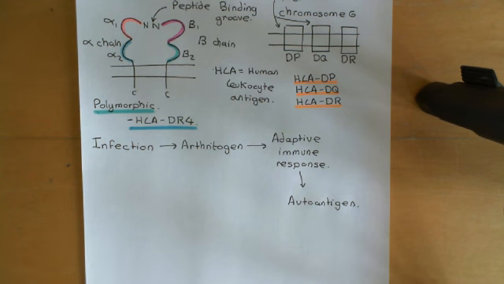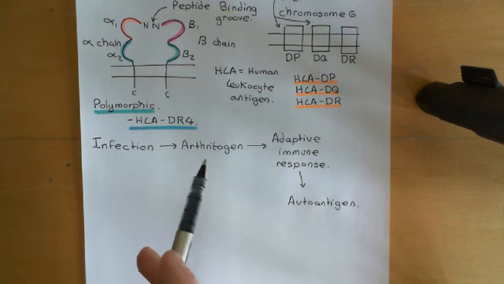You get infected, you launch an adaptive immune response against a protein that this pathogen has, and it turns out that adaptive immune response, unfortunately, can also attack a certain epitope of a self-antigen, an autoantigen, that is present in the synovial joints. So the infection triggers the mounting of this adaptive immune response that then attacks the autoantigen.